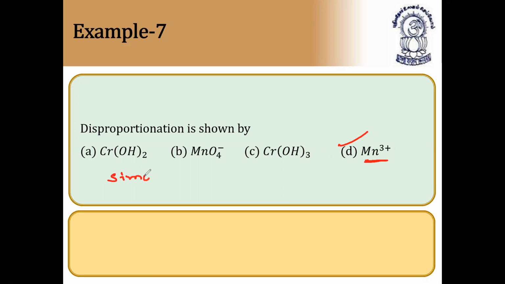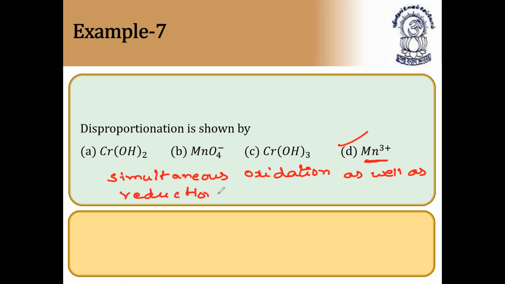Simultaneous oxidation as well as reduction takes place for one element only in a chemical reaction.